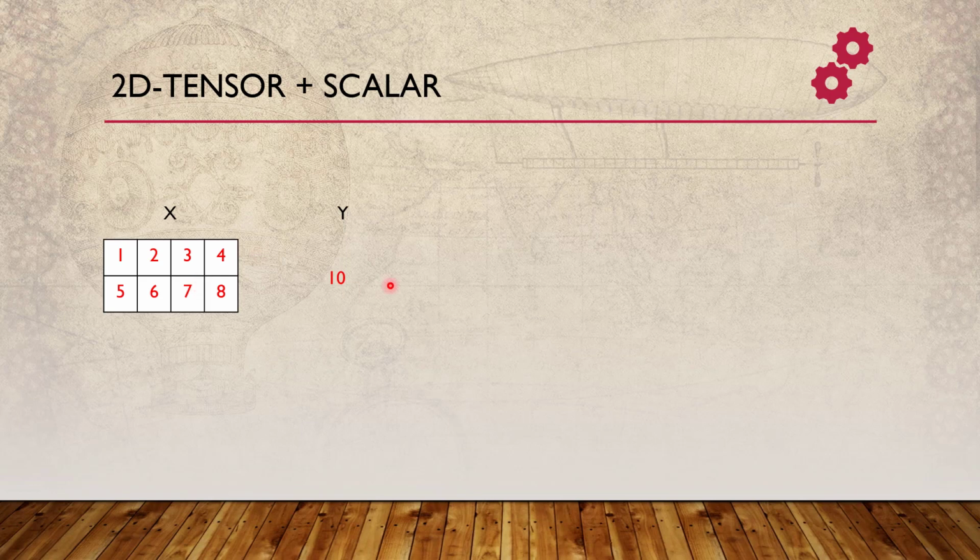A scalar has 0 dimensions and this matrix has 2 dimensions. When we want to add a scalar to any higher dimensional tensor, broadcasting always works automatically. That means this 10 will be added to each and every element of x.